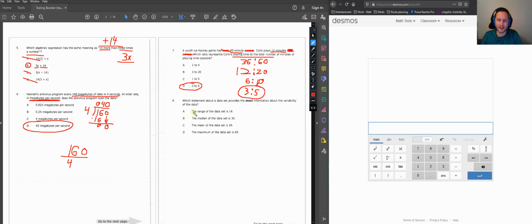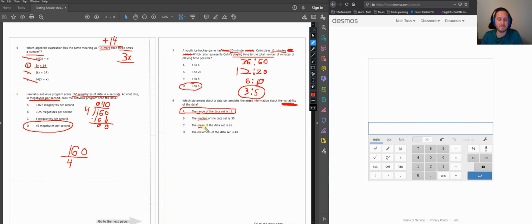And number 8, it's asking which data set provides the most information about variability. I mentioned this word with the first test that we did. Range is what measures variability, and range is the only thing mentioned down here that would make sense.